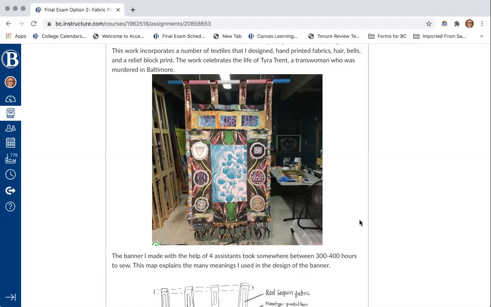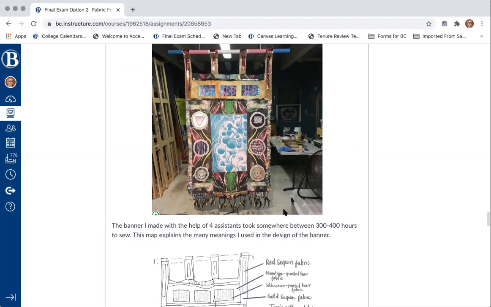This took me and four assistants about 300 to 400 hours to make, and it's full of hand-printed fabrics, 25 braids of hair, each tied to a bell, each one representing a year of the life of Tyra. Even the rod that it's displayed on is painted with the transgender flag colors and hand-printed runes. I do a lot of this printing where I print silkscreen over hair to get all these different textures.